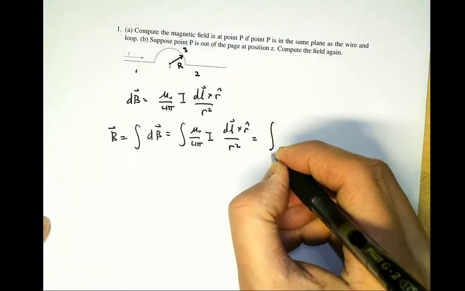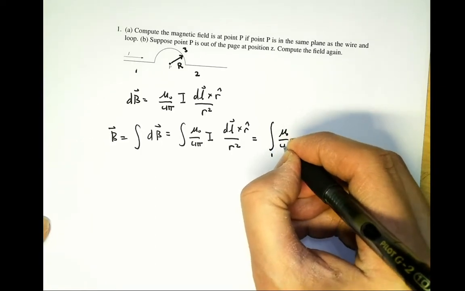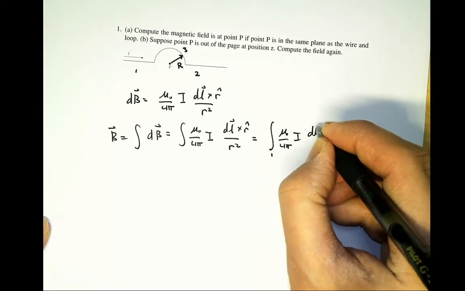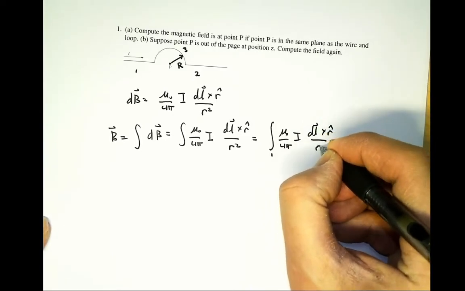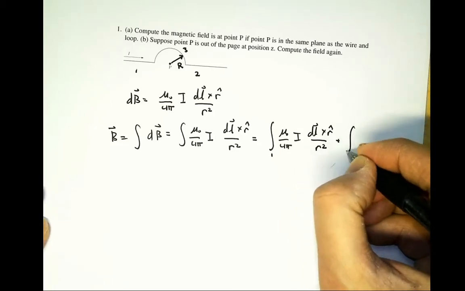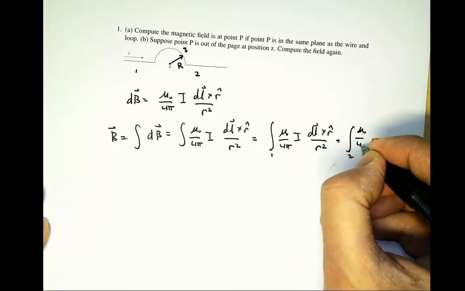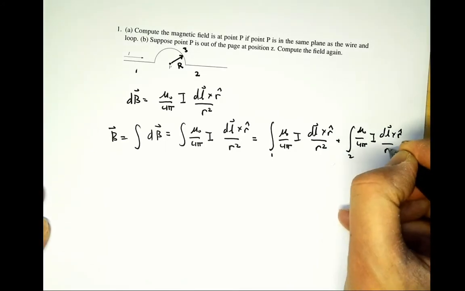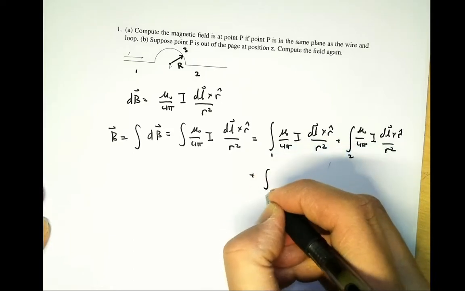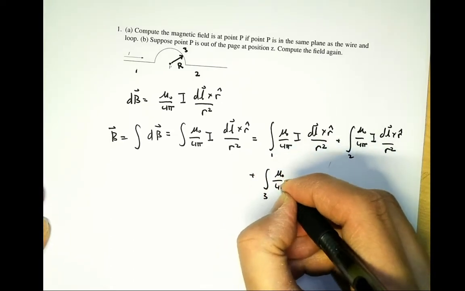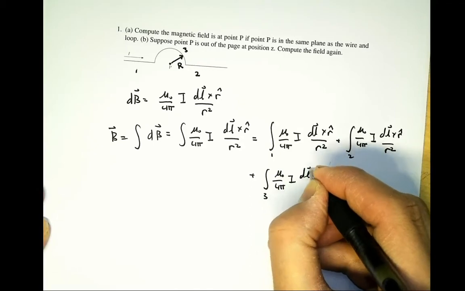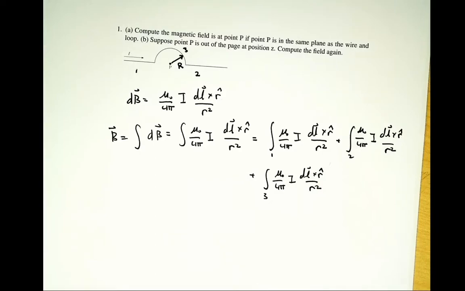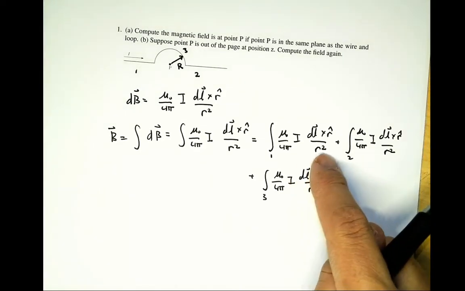Segment 1: mu 0 over 4 pi I dl cross r hat over r squared, plus segment 2, the same expression, plus segment 3, mu 0 over 4 pi I dl cross r hat over r squared.